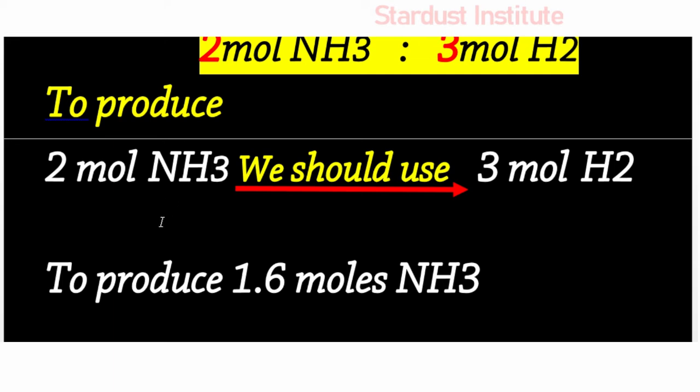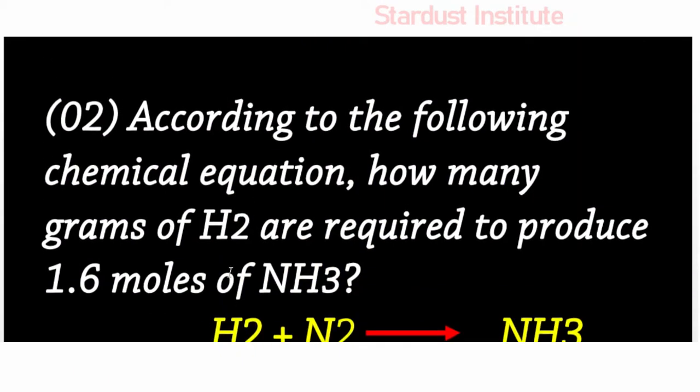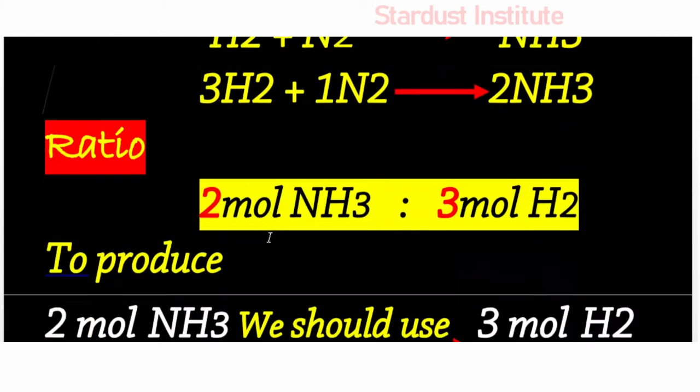Now we need to produce 1.6 moles of ammonia. How many grams of H2 are required? First, we can find moles of H2. Then we can convert it to grams of H2. First, let's find moles of H2.